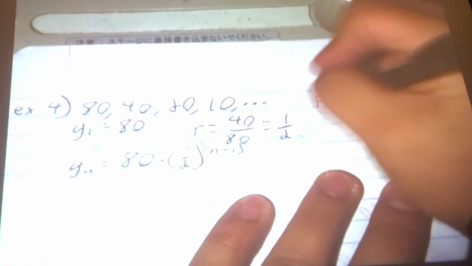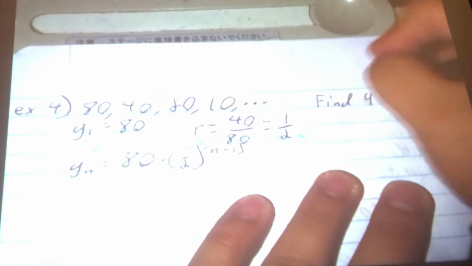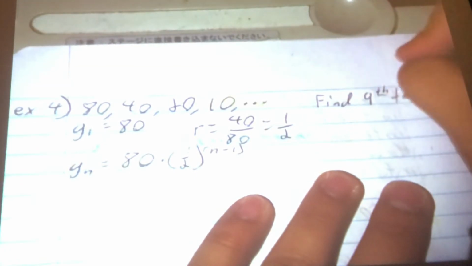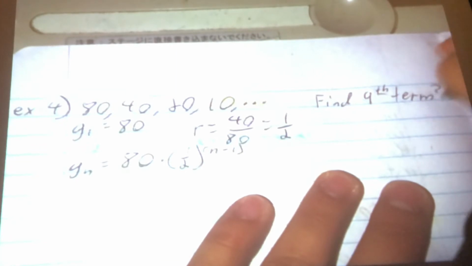I want to find the 9th term. So g sub 9 is equal to 80 times 1/2 to the power of 9 minus 1.